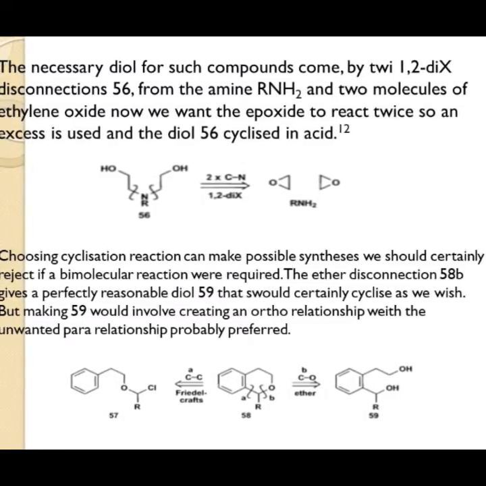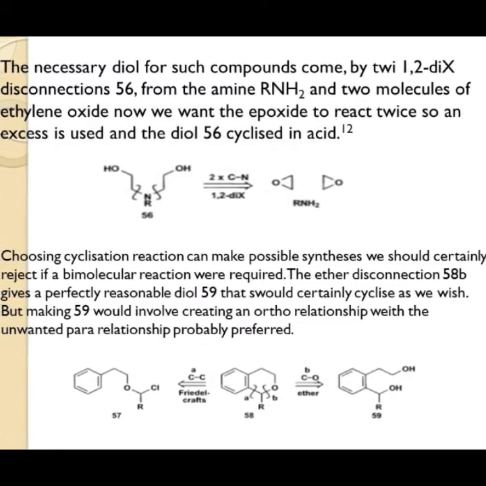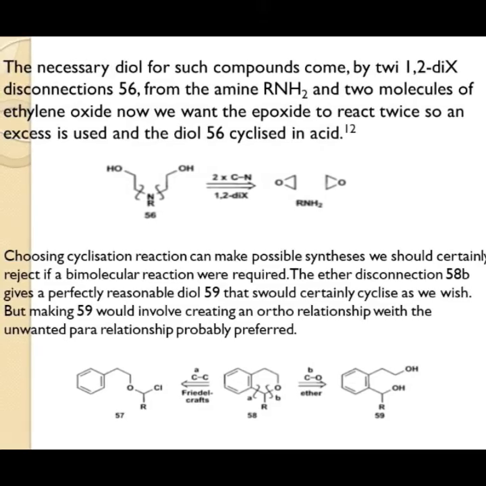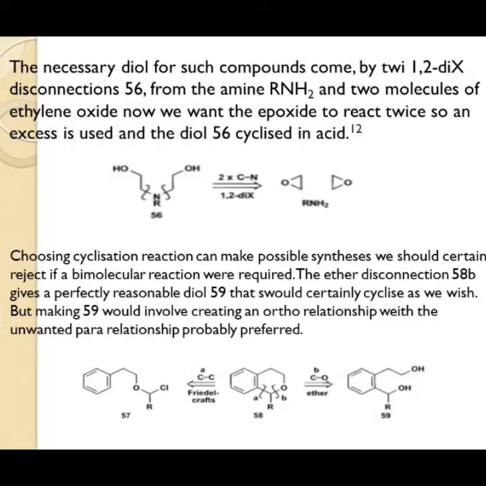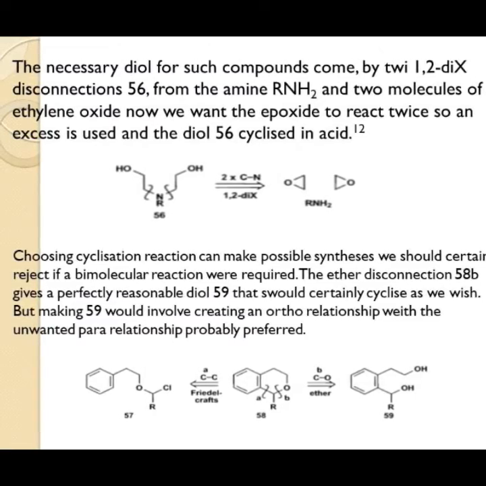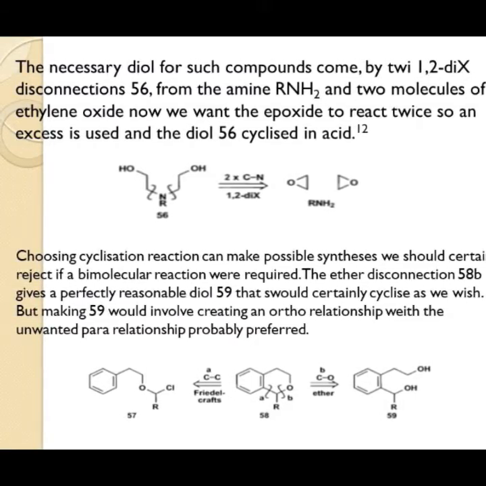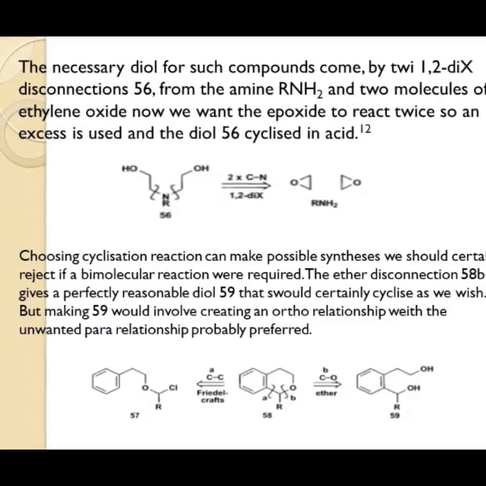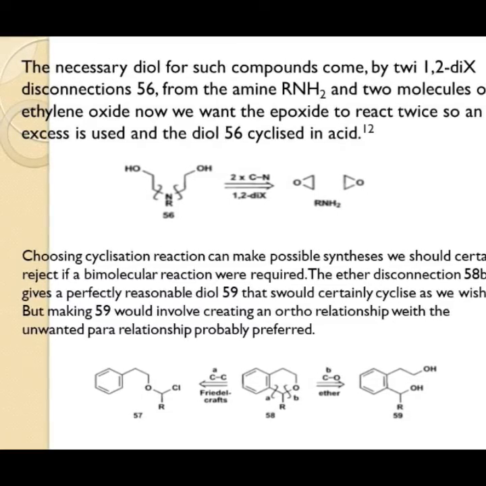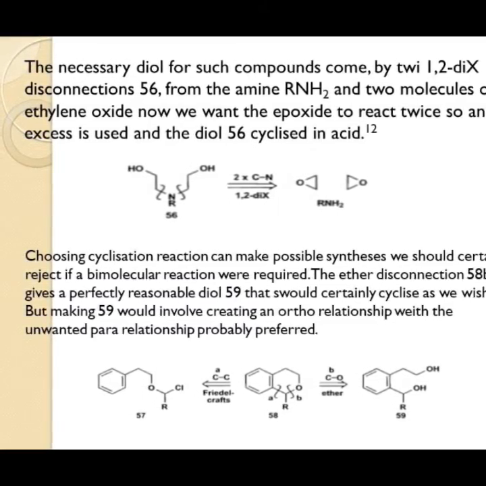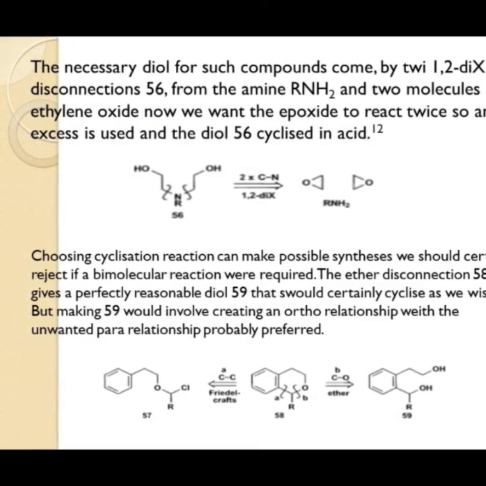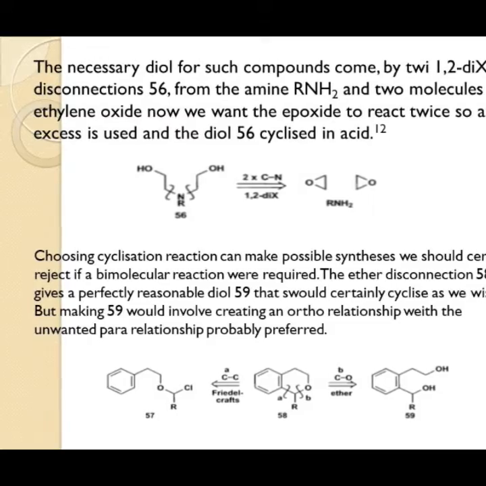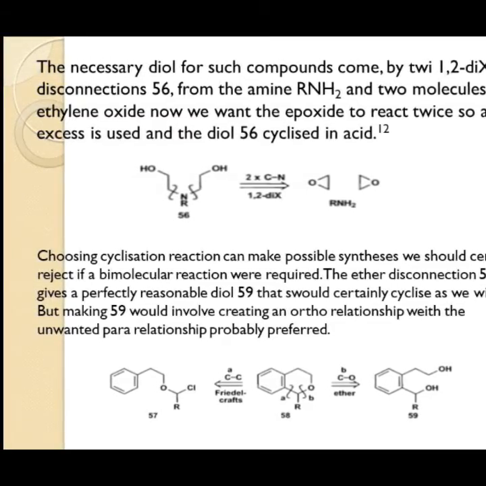Choosing a cyclisation reaction can make possible syntheses we should certainly reject if a bimolecular reaction were required. The ether disconnection 58b gives a perfectly reasonable diol 59 that would certainly cyclize as we wish. But making 59 would involve creating an ortho relationship, with the unwanted para relationship probably preferred.